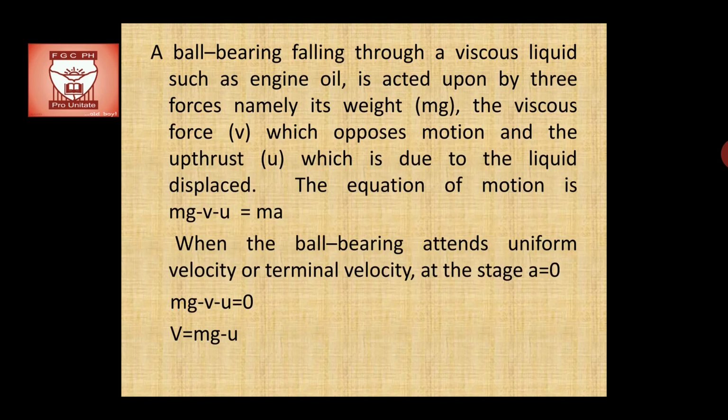When the ball bearing attains uniform velocity or terminal velocity at the stage where a equals 0, then that expression will change to become mg minus V minus U equals 0, because the acceleration is already 0, therefore that ma turns to become 0. Make V the subject of the formula in that expression above. You have V equals mg minus U.